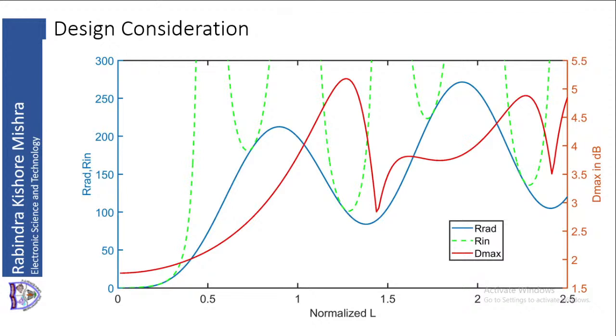If you look at this figure, the green dashed curve is for R in. The blue curve is for R rad. Now compare those two. There is a small mistake in this curve: the x-axis should shift by an amount of 0.5.